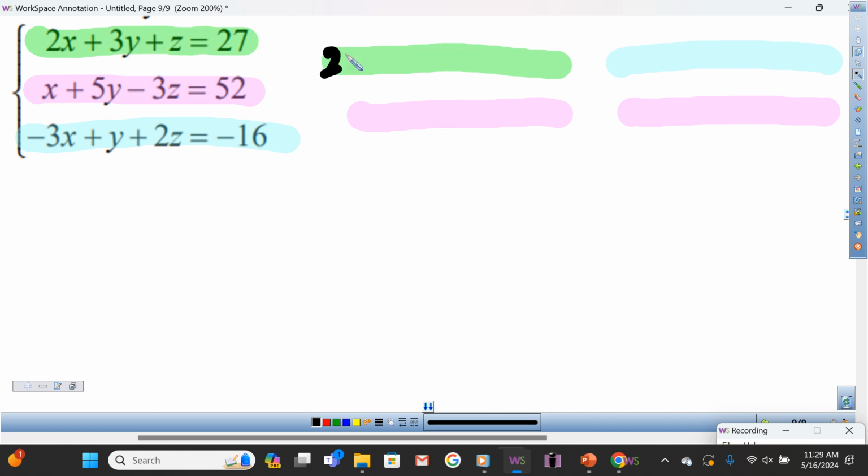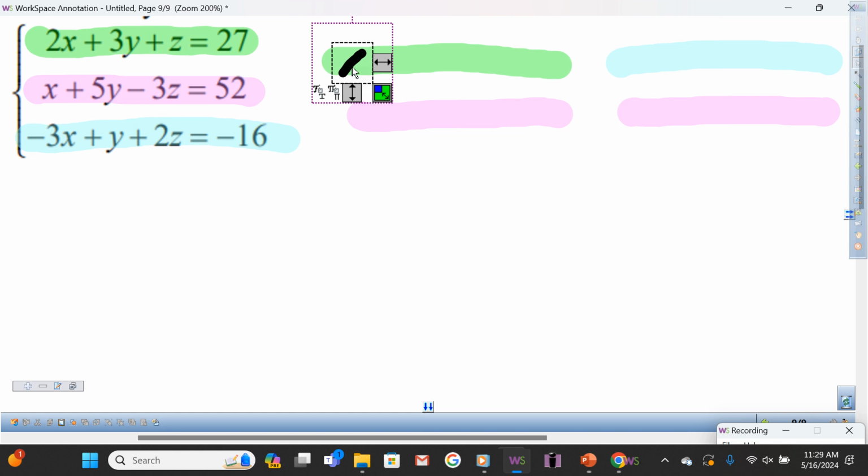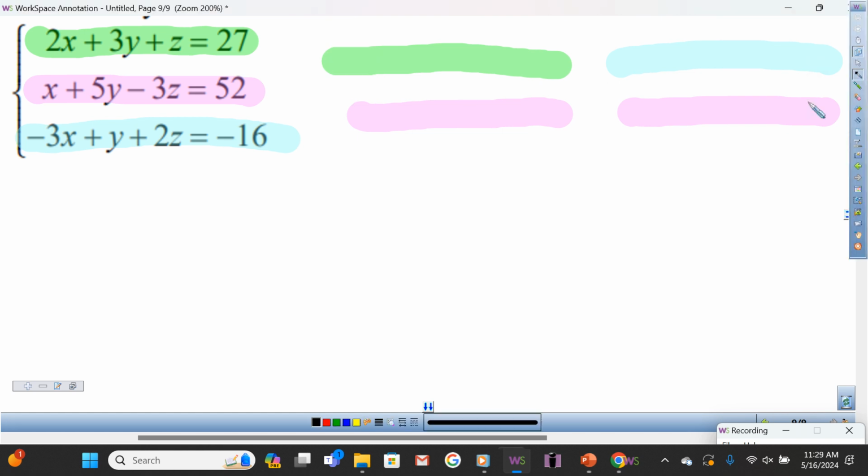The green one, we got 2x. Whoa. Hold on. Let me write it out. 2x plus 3y plus z equals 27.